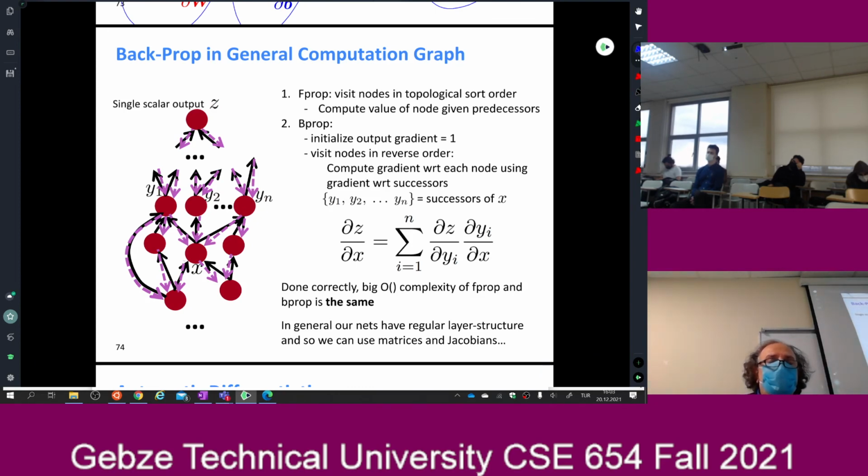Then you take the derivative of z with respect to all of the unknowns. You start by initializing the output gradient to 1, and you back propagate. Once you back propagate, you find all the derivatives.